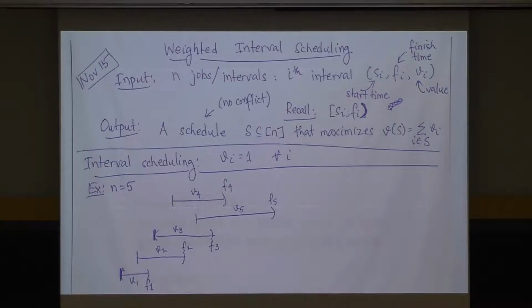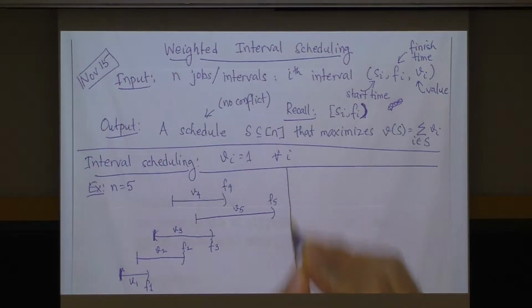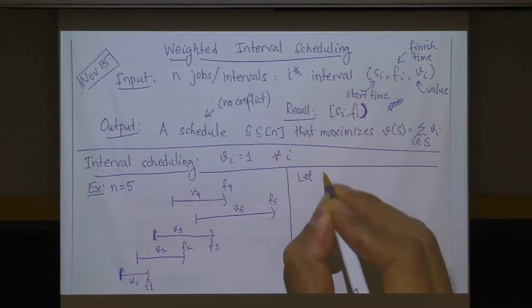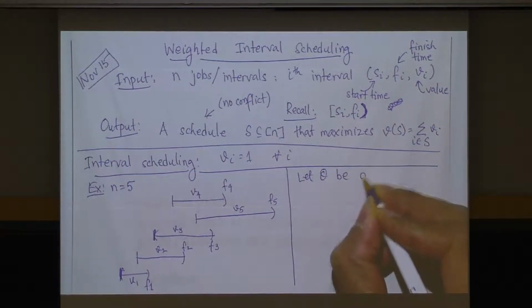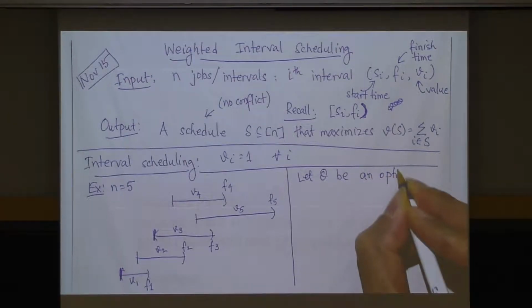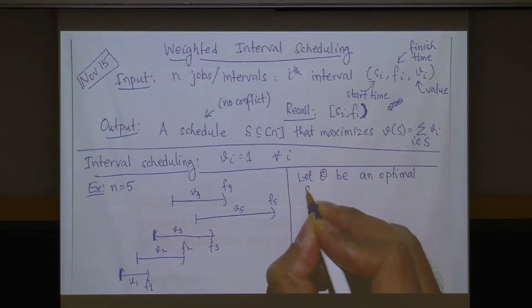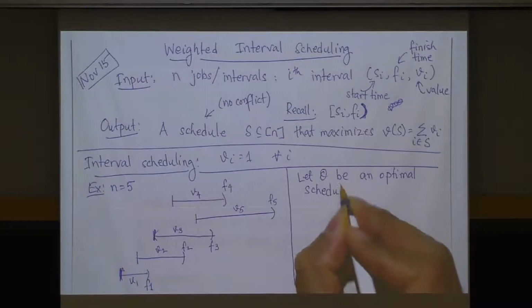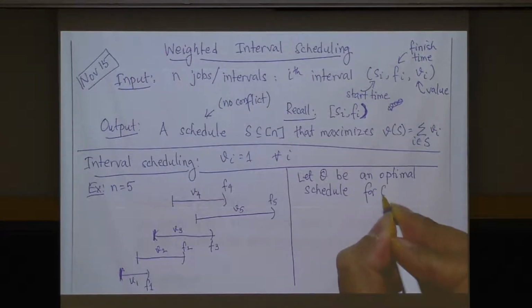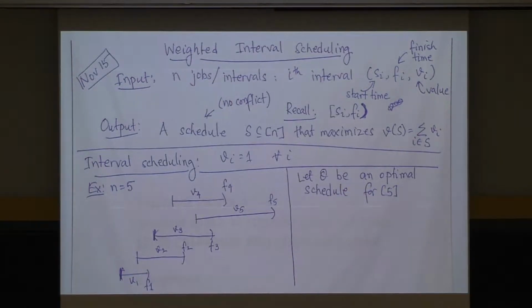Okay. So only use the definition of the problem to reason about the optimal solution. Okay. So let O be an optimal schedule for the entire input. So I'm saying look at all the first 5 inputs.